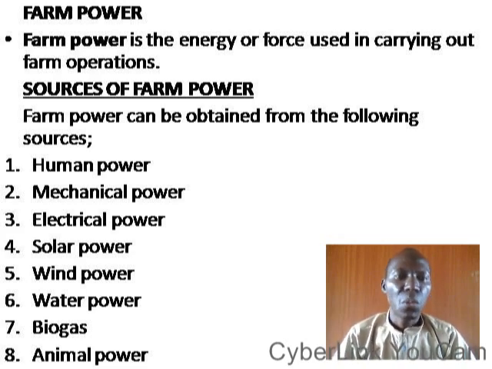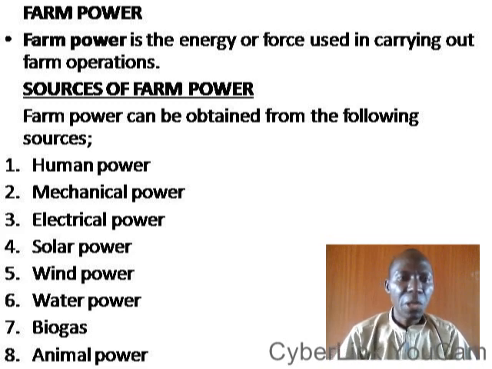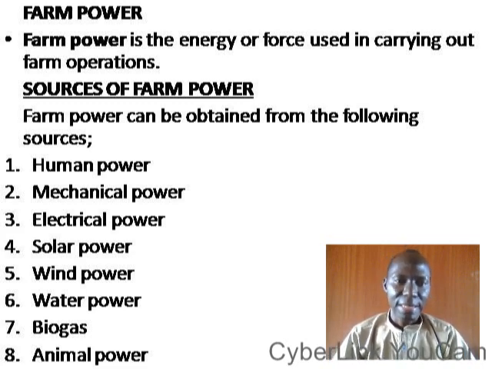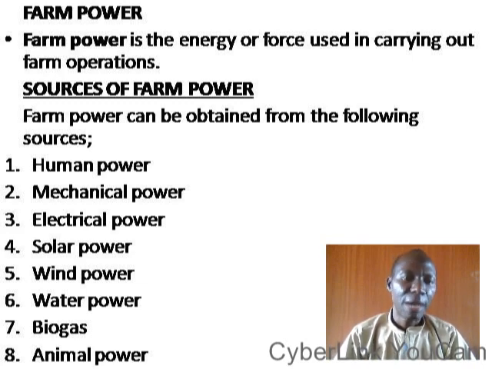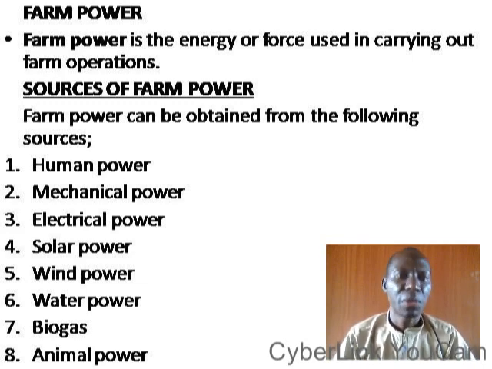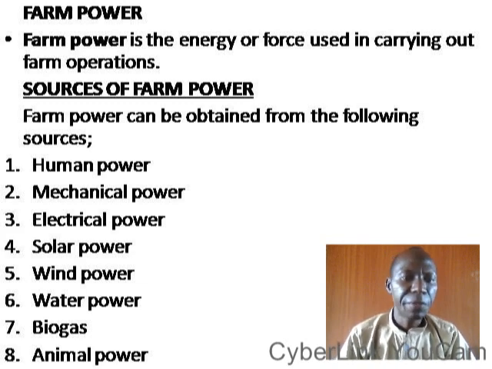Now there are various farm operations that the farmers carry out on the farm, and they make use of energy or power, and there are sources of farm power they can choose to make use of. So we have different sources of farm power.